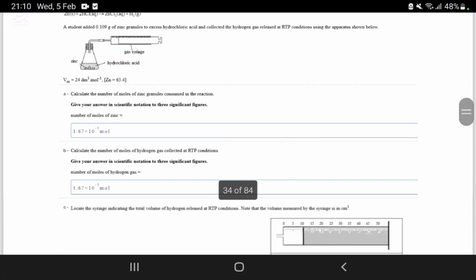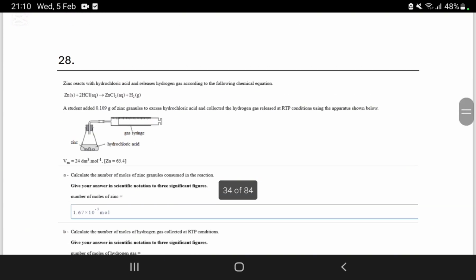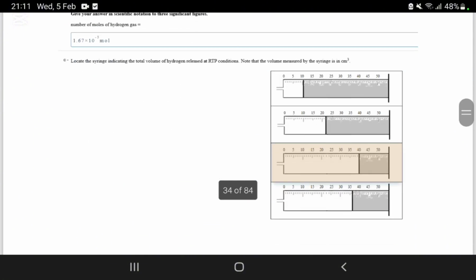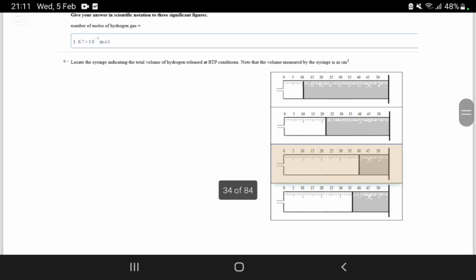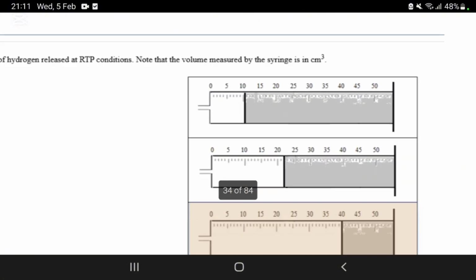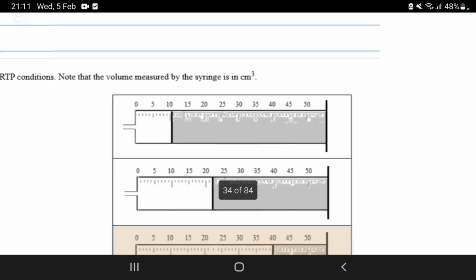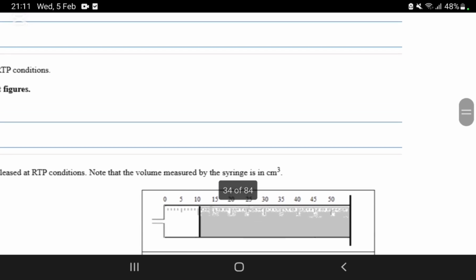Since in the equation, the coefficient of hydrogen is equal to the coefficient of zinc, that means the moles are the same. Okay, so now to find the volume, which is what they're asking for here, we do the moles times 24, which is 0.04, but here they're asking it to be in centimeter cube, so we do 0.04 times 1000, which will give us 40.